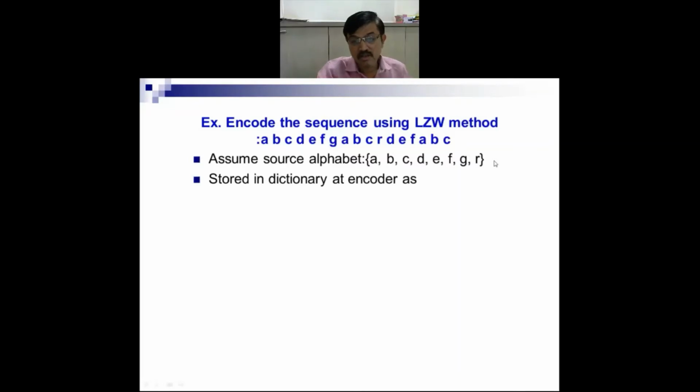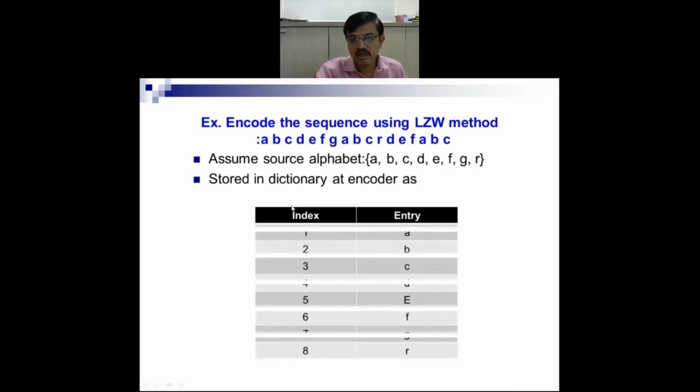Now, my second step is to store this particular source alphabet into the dictionary of the encoder. So I'm going to create a dictionary of the encoder where I'm going to store all these source alphabets A, B, C, D, E, F, G, R. By mistake, here E is capital, but basically it is a small letter.